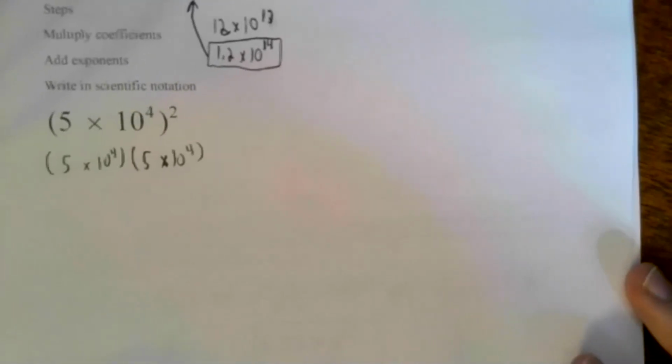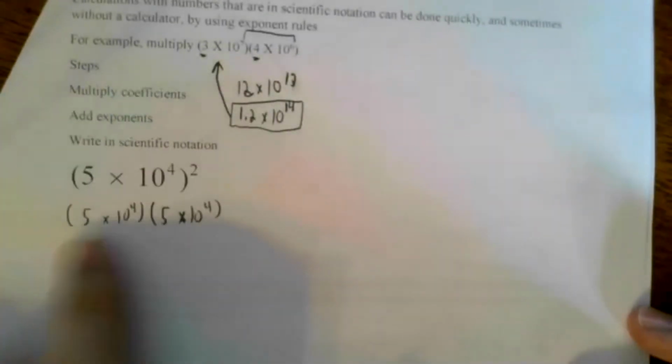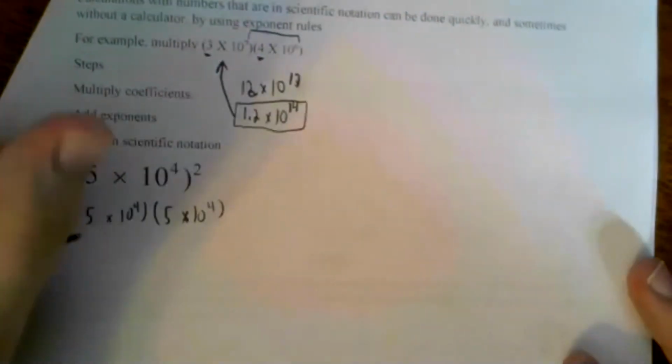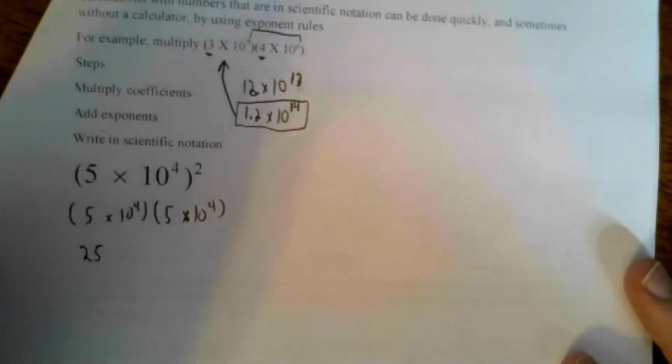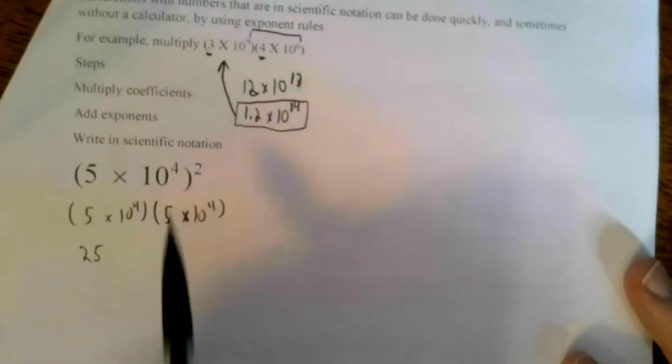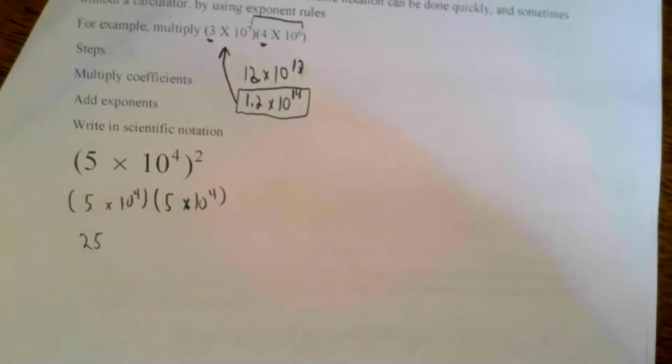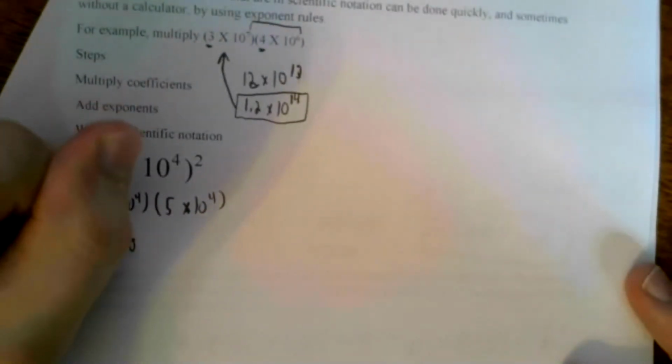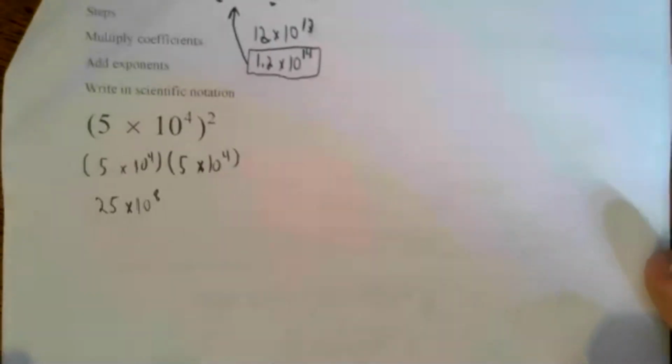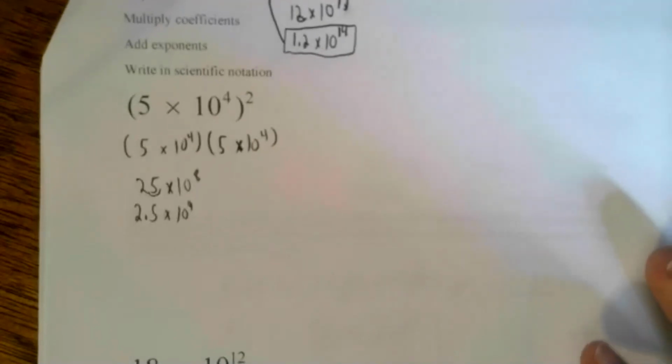And then all we need to do now is just like we did up here. We multiply the coefficients, so 5 times 5 is 25. And then we add the exponents, so 4 plus 4 is 8. So we have 25 times 10 to the 8th power. And then we just need to change that into scientific notation. So I'll move this 1 to the left. So we have 2.5 times 10 to the 9th power, right? Because this got smaller, so that has to get bigger.